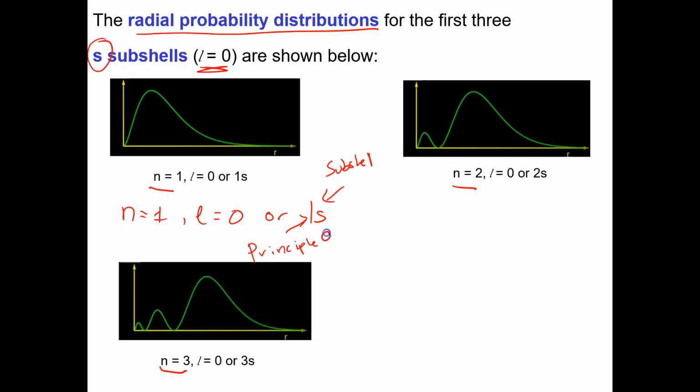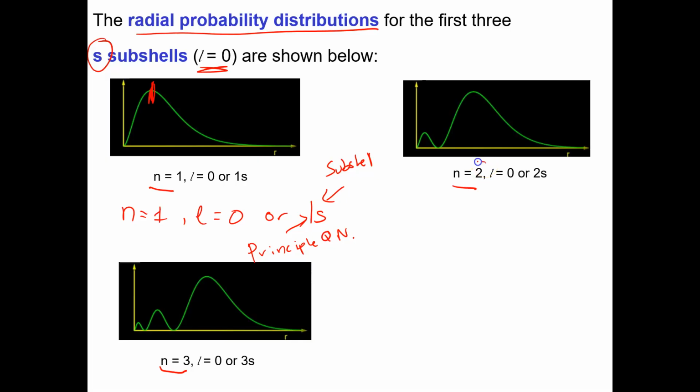The s tells us the subshell, and the 1 tells us the principal quantum number. Okay, so what you see is we get a curve for the 1s with a peak exactly at the position predicted by Bohr as being the radius of the n equals 1 level in the hydrogen atom.